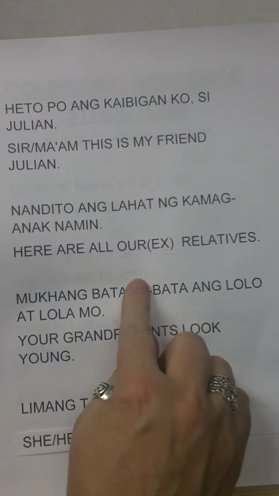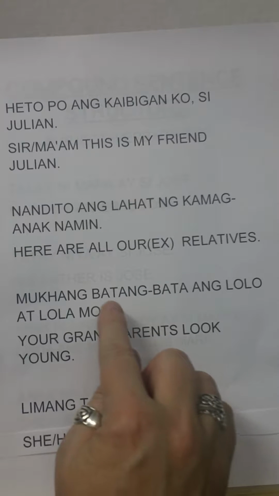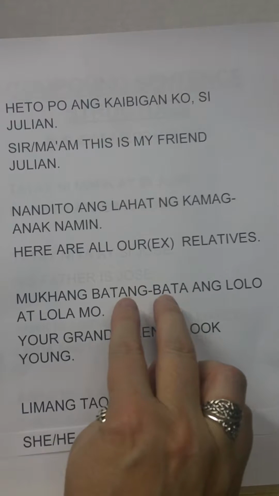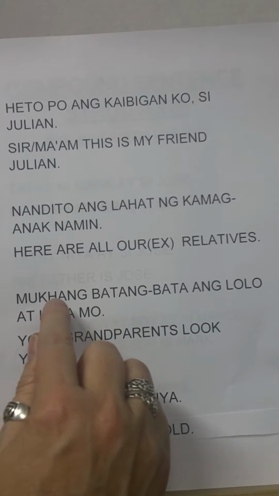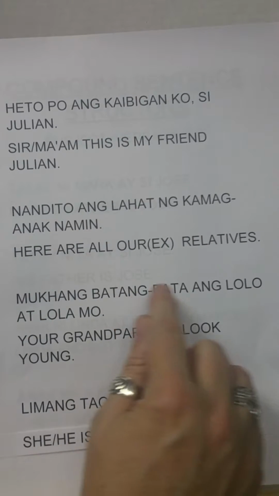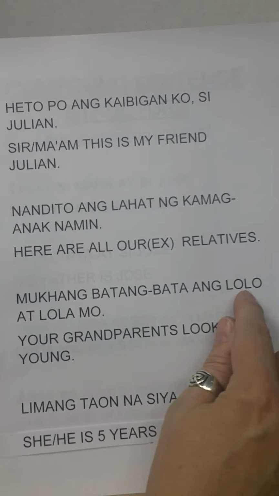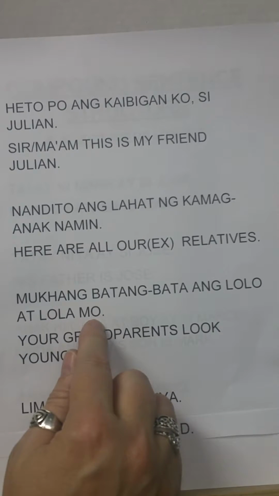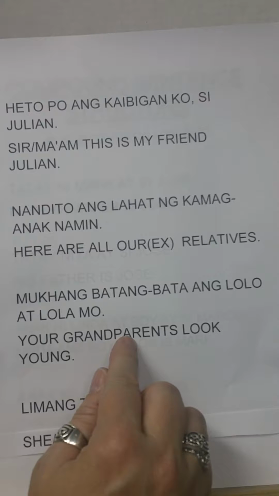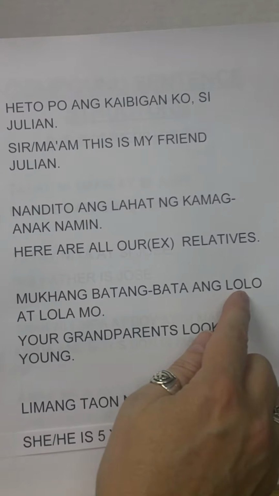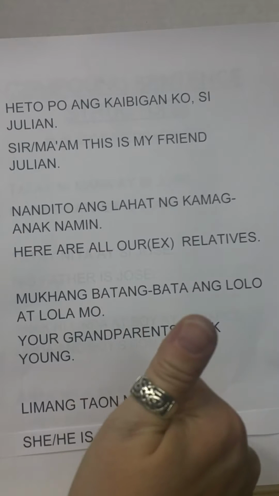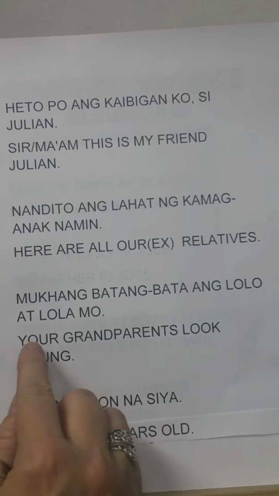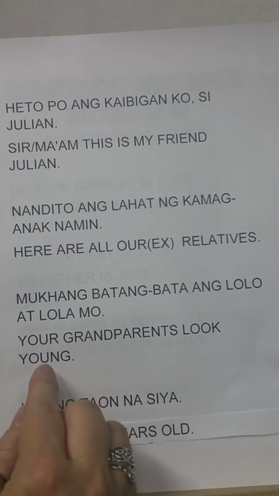Bata means youth, right? Or child. When you repeat the word, you're emphasizing that word. So face young ang lolo at lola mo. Your grandparents, that's grandfather, this is grandmother, together, the grandparents, right? You got this. It's okay. Your grandparents look young.